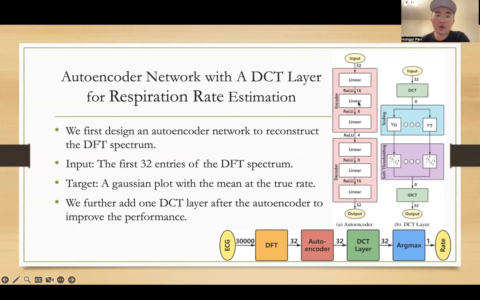The input of the network will be the first 32 entries of the DFT spectrum, and the output will be the pseudo spectrum, which uses a Gaussian plot for the training. In detail, for each training sample, we generated a Gaussian plot whose mean is at the true rate. So the output of the network is also of length 32.